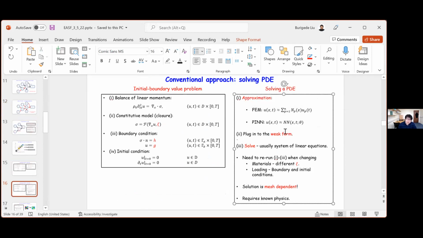So if you use PINN, you don't need data. But the cost is you have to know full physics, meaning that, just like to solve a FEM problem, we have to know the governing equations and the constitutive models, and we're basically using exactly the same trick to solve it using PINN.